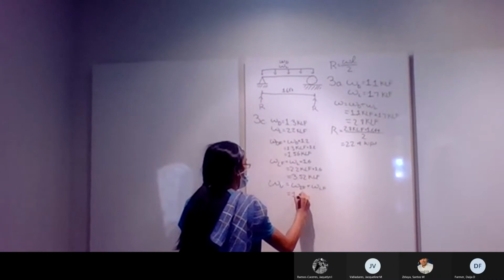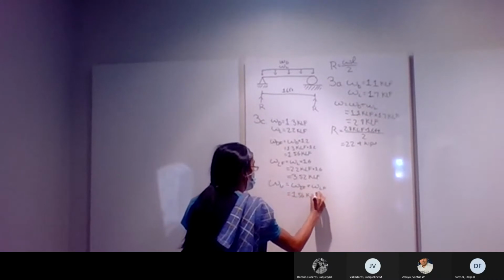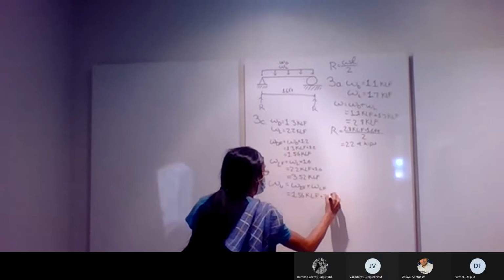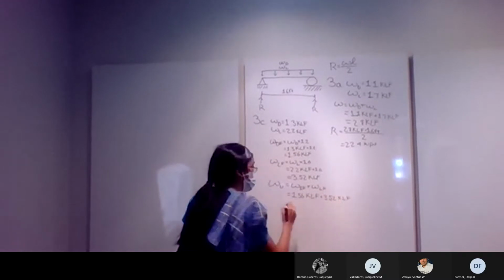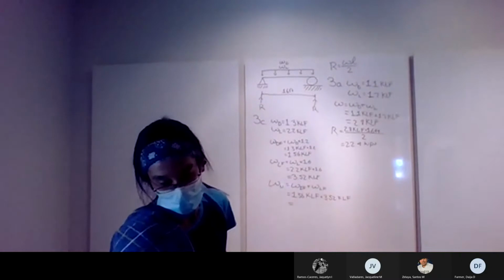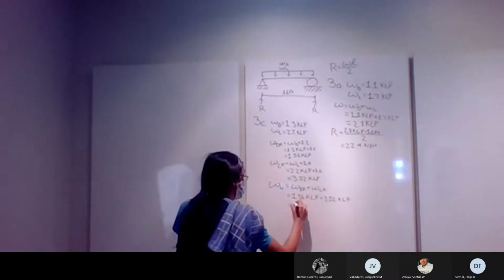So 1.56 KLF plus 3.52 KLF. And then we're just going to get 5.08 KLF.